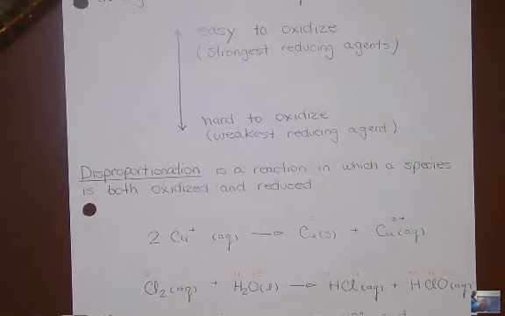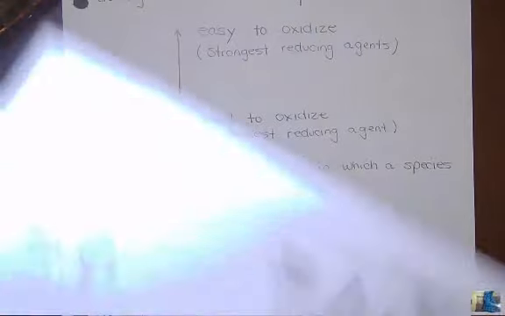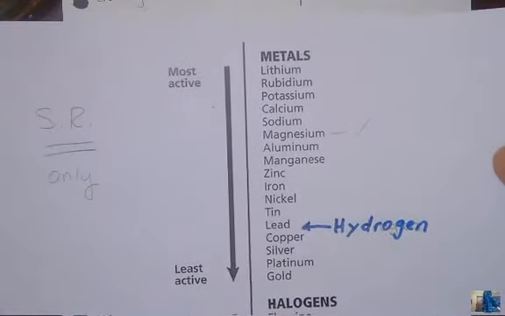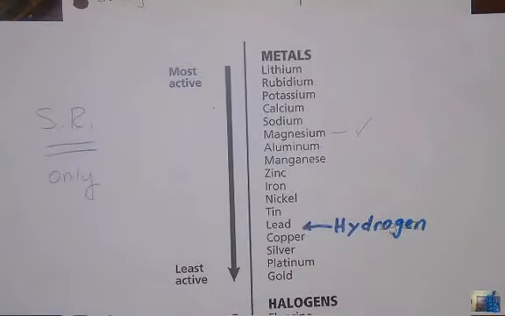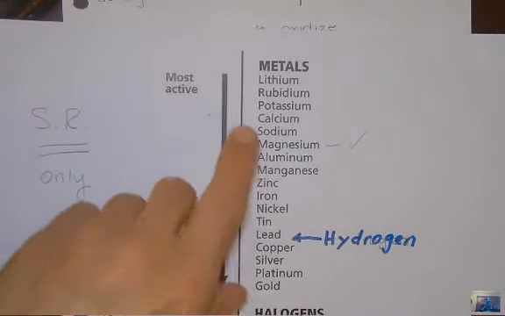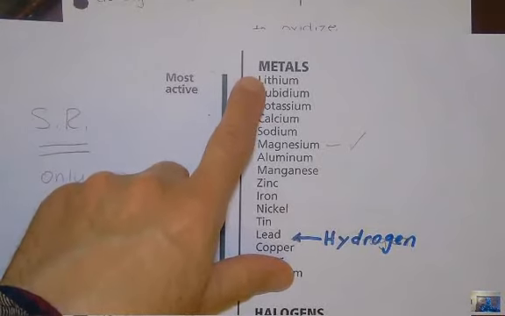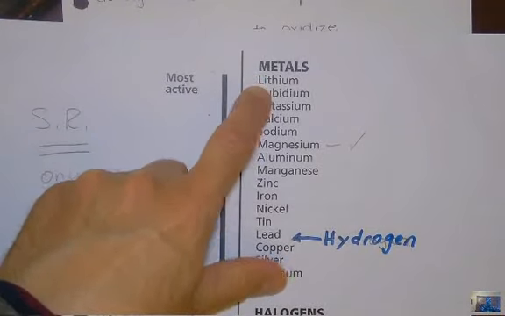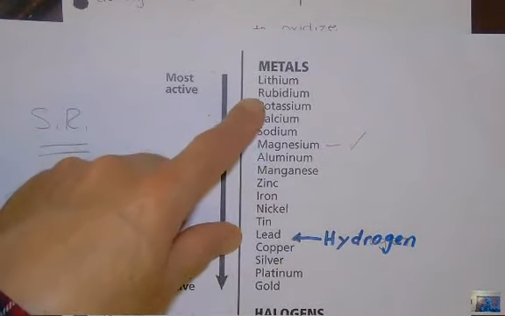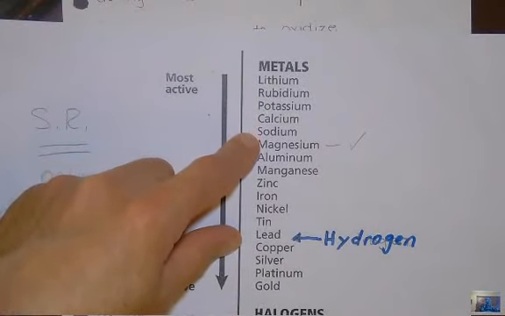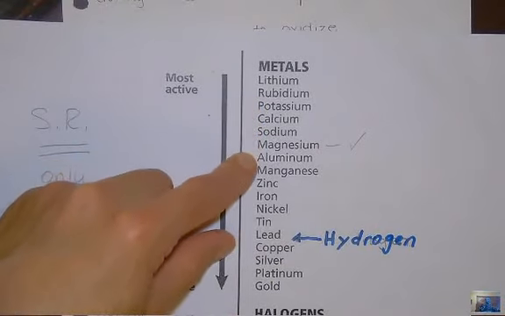You guys may have seen this in all different forms. Here's one. Usually we think about it for single replacement reactions, which is what you're going to see in a lot of these. Okay, so the most active, easiest to oxidize metals are lithium, rubidium, potassium, calcium, sodium, group 1 and group 2 metals.